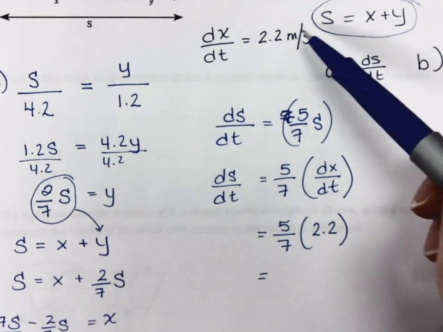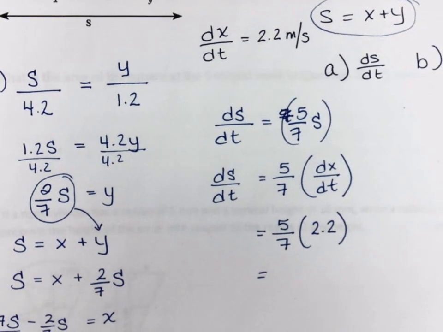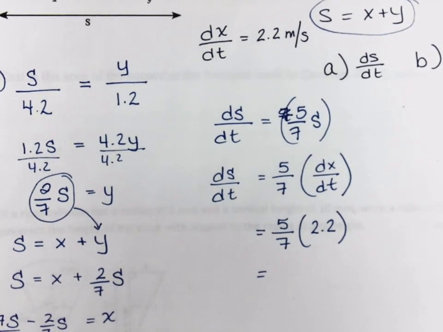The 2.2 was given in the actual equation. Yes, but how do you know that 5/7 times ds over dt was equal? Oh, because we're doing the derivative of s, right? And the only information we have as a rate is the rate of the boy running towards the lamppost. So that's the only rate that we have.